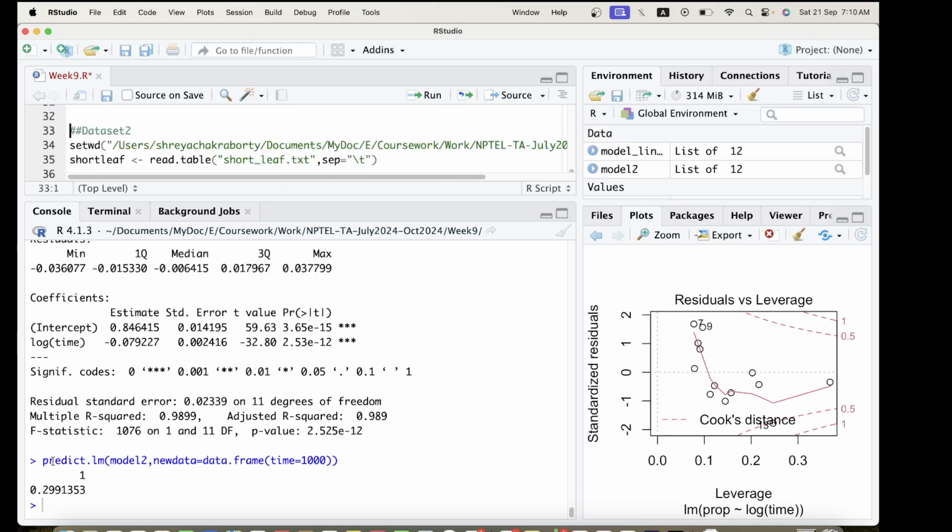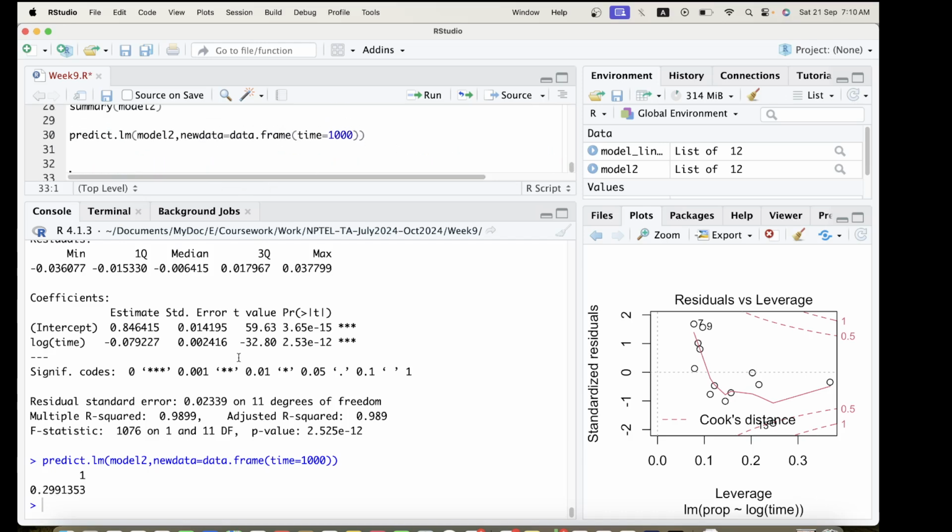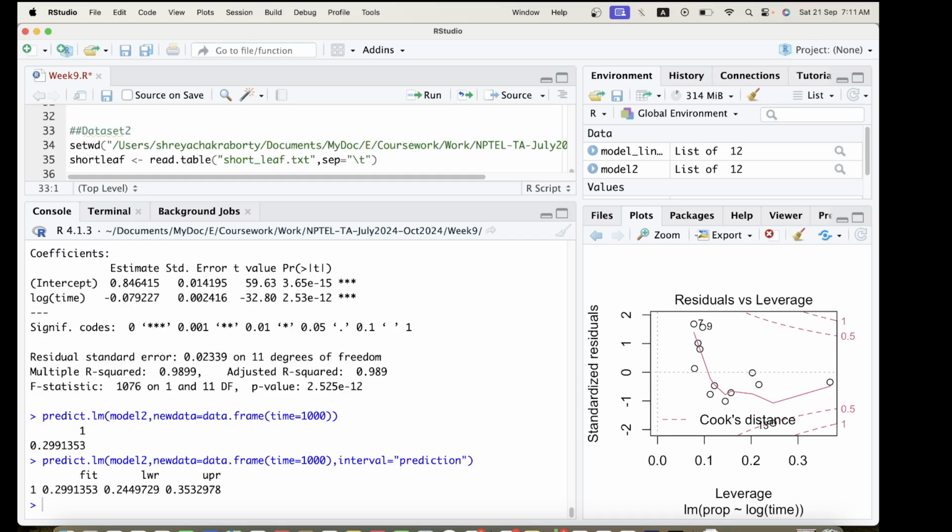This will give us a point estimate, that is 29.9. And if we want a prediction interval around this estimate, then we have to give interval equal to prediction. So this will give us a prediction interval, that is, where the expected y can range. So this is the lower part, this is the upper part, and this is the fitted point estimate.